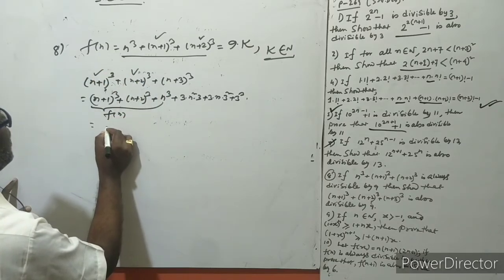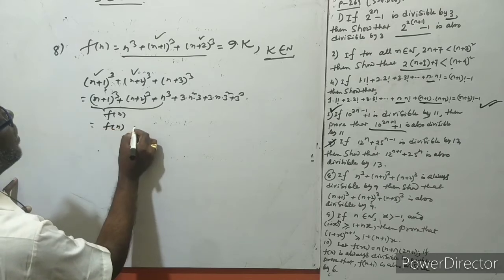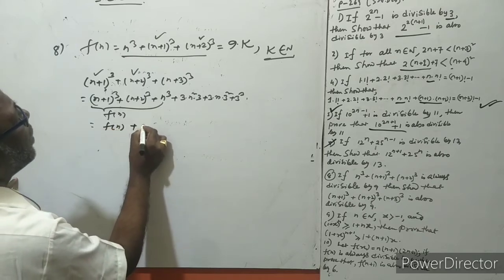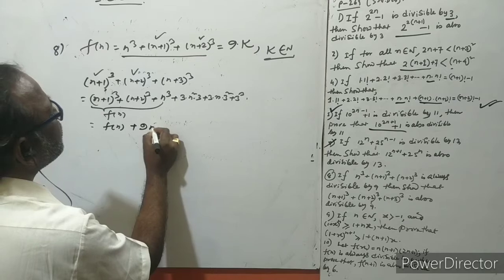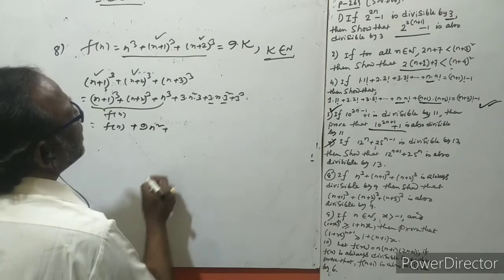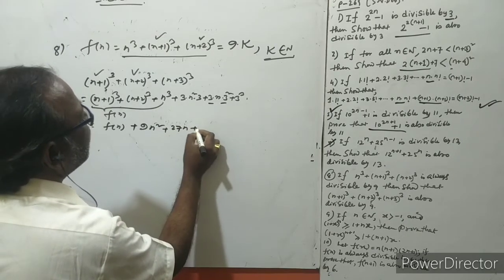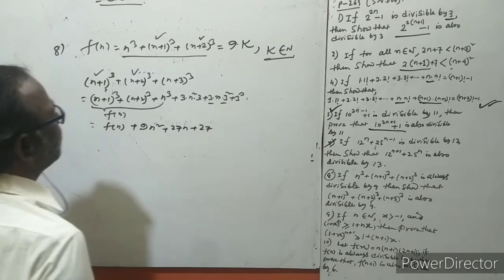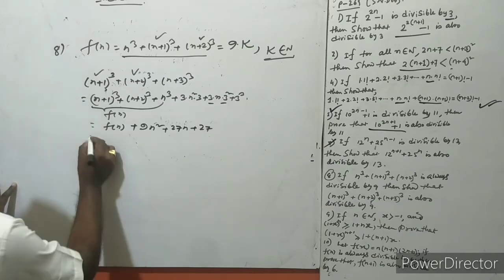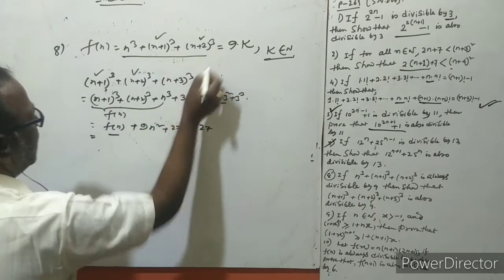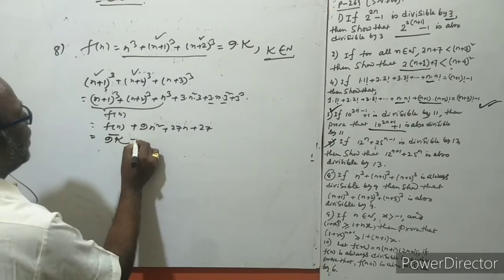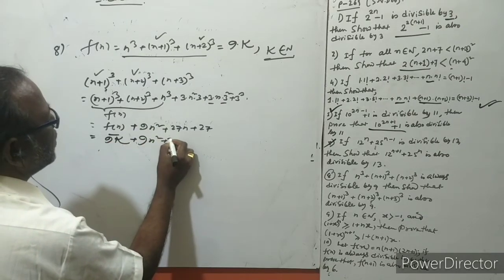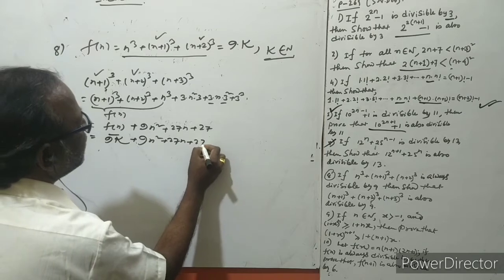So here this is f of n, that is 9k, plus 9n square plus 27n plus 27.